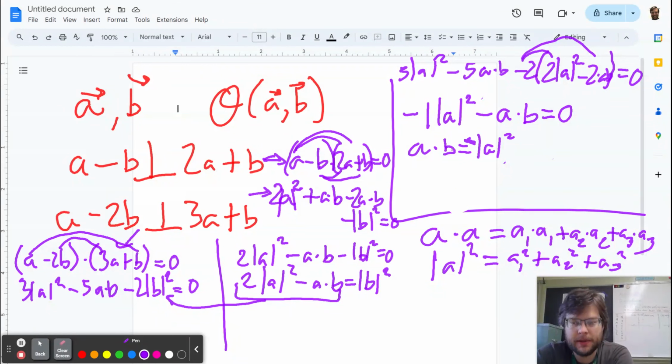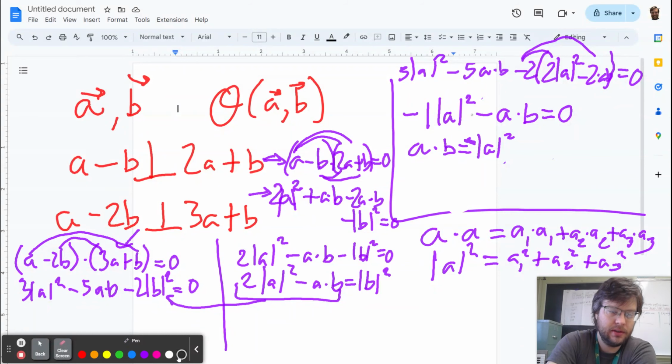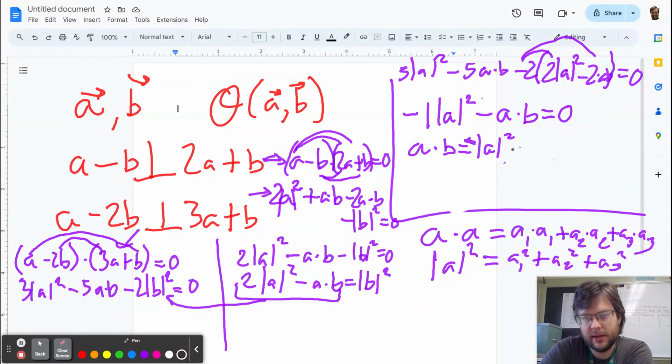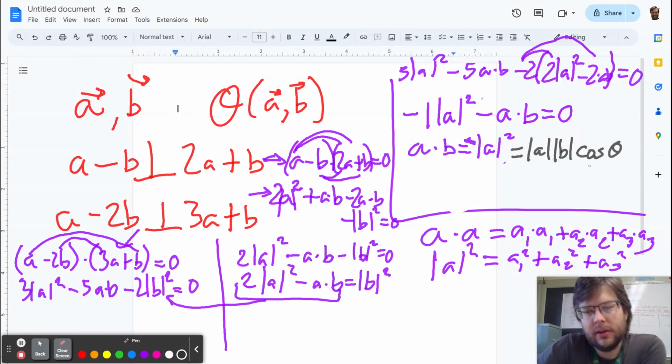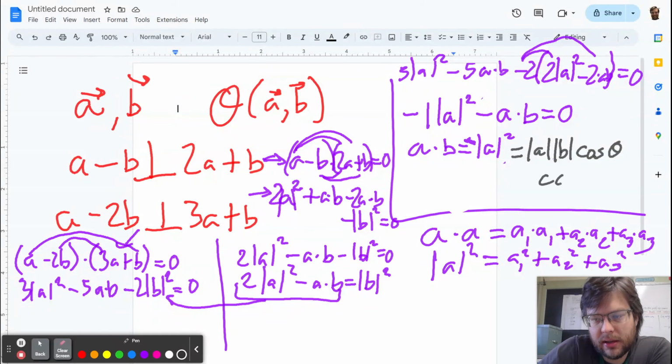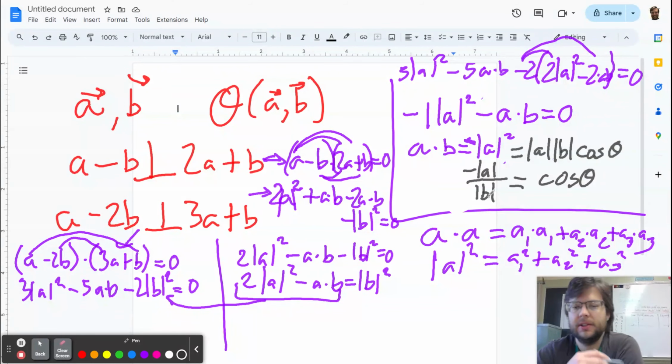Okay, so if it asks me about the theta of A and B, then I can use the other definition, the geometric definition, and say that that negative magnitude is also equal to magnitude A, magnitude B, cosine theta. And so then I know that cosine theta is equal to negative magnitude A divided by the magnitude of B. Interesting.